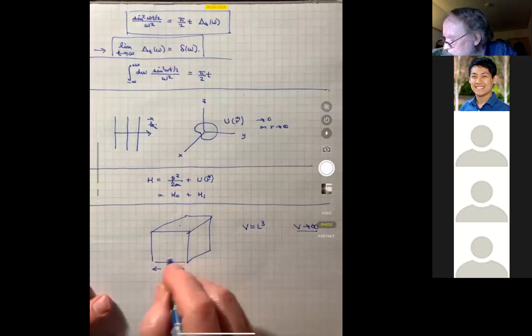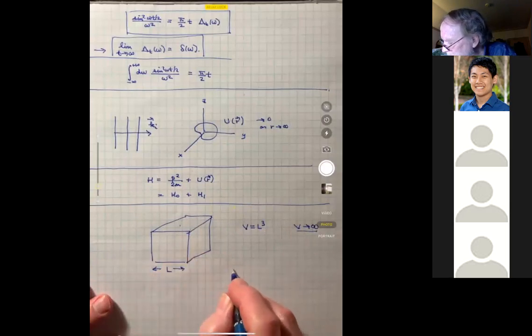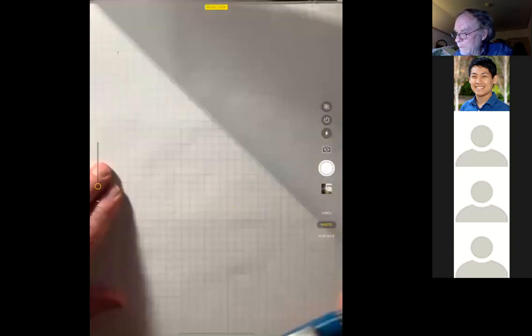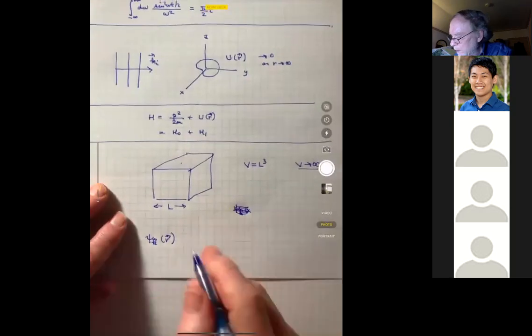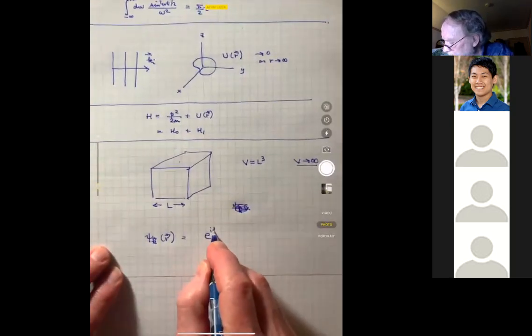All right. So the wave functions in the box satisfying periodic boundary conditions, if I write them as psi sub k of r, I'm using r tonight for the position variable, this is a plane wave, e to the i k dot r.